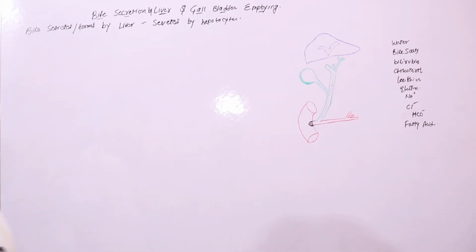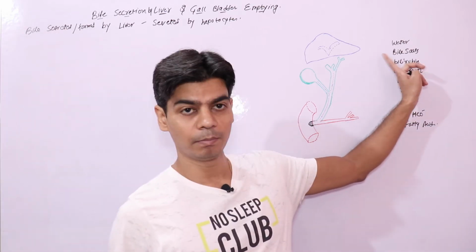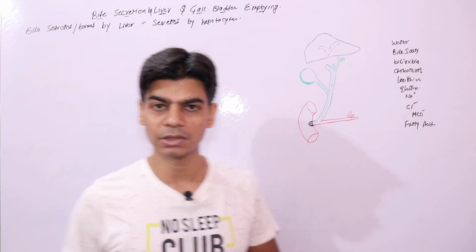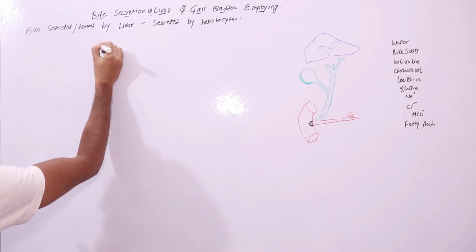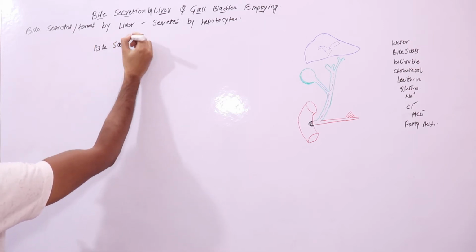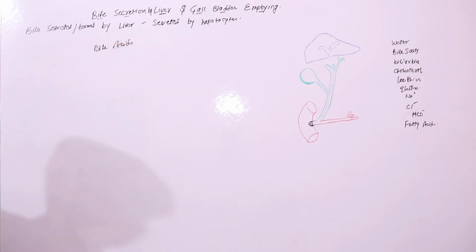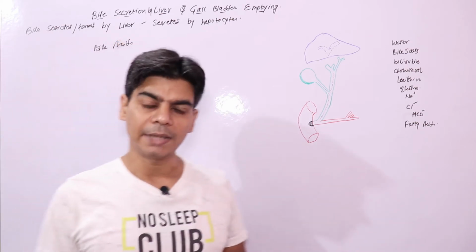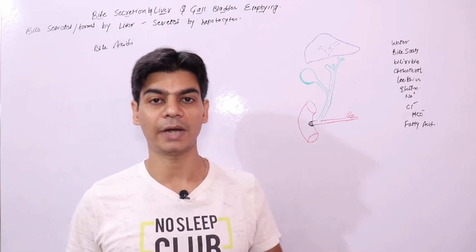The first very important function of a bile component is that of bile salts, which we will also call bile acids. Bile acids help in the digestion of fats and the absorption of digested fat products.